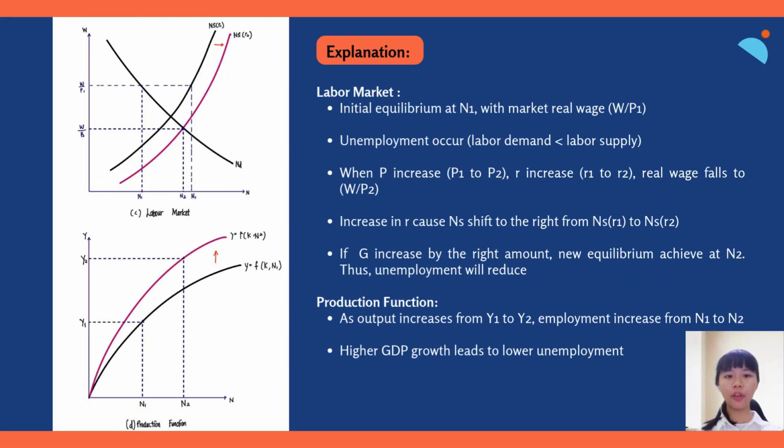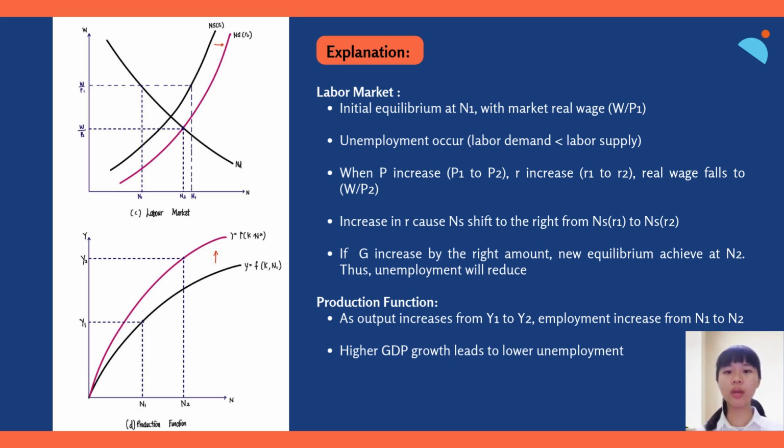price. For the labor market, the initial equilibrium is at N1 with the market real wage W/P1. At this moment, unemployment occurs since the labor demand is less than the labor supply. When the price increases from P1 to P2, this leads to the real wage falling to W/P2.